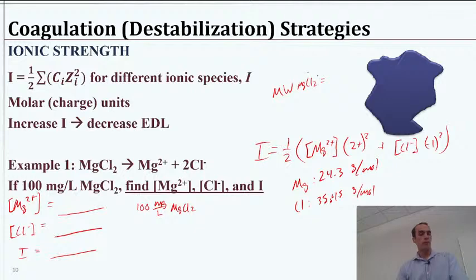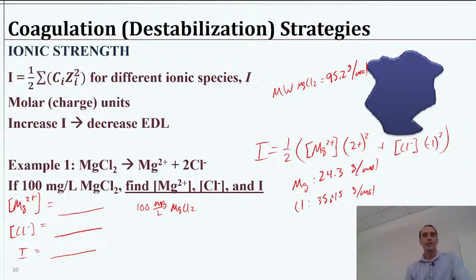The molecular weight, if we do it properly, ought to be 95.2 grams per mole. 2 chlorides and 1 magnesium. And we were given 100 milligrams per liter, so hopefully you were starting to think, okay, I need to convert that from mass to moles, which is why we're doing the molecular weight in the first place.